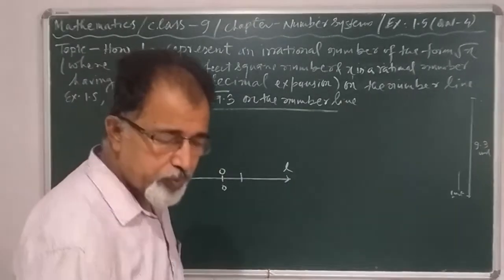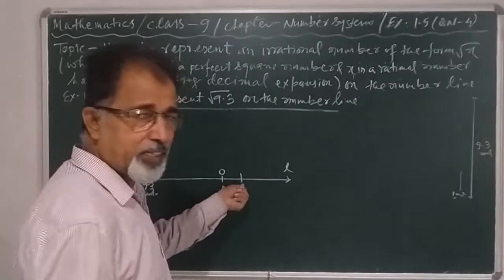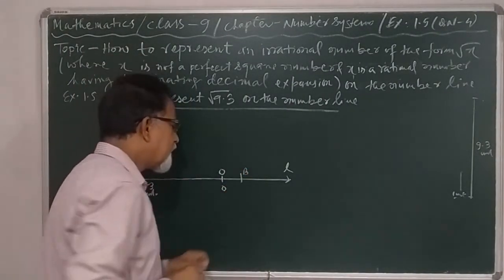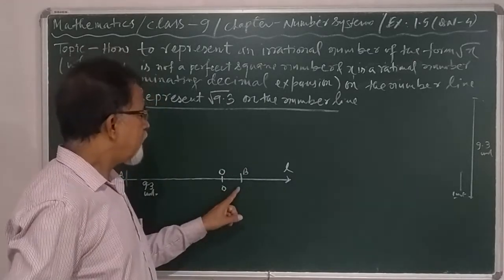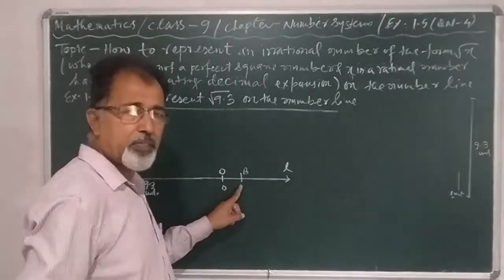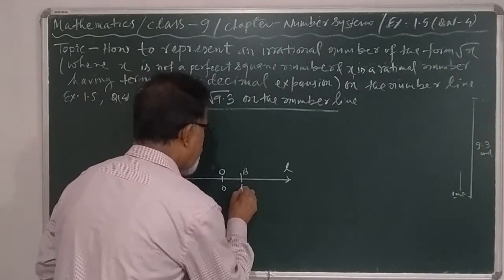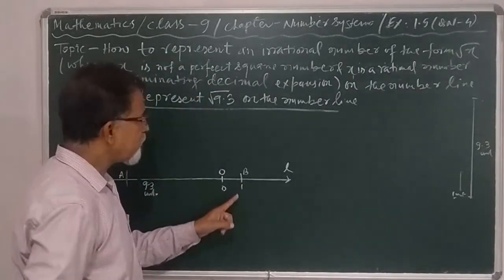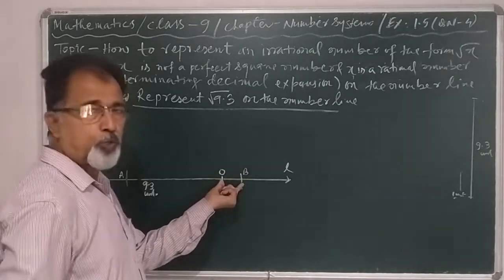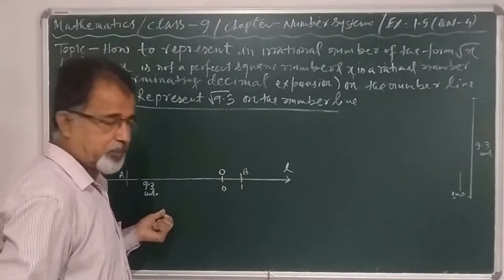The length of one unit may be different, but whenever you take a point here, let the point represent 1, and therefore the length of OB equals 1 unit and the length of OA equals 9.3 unit.